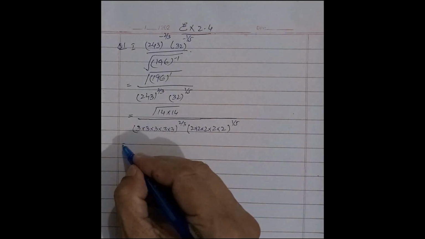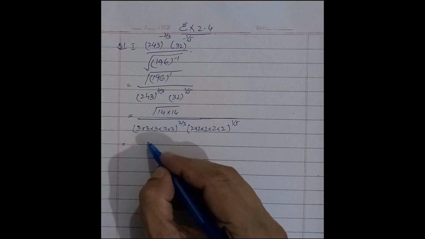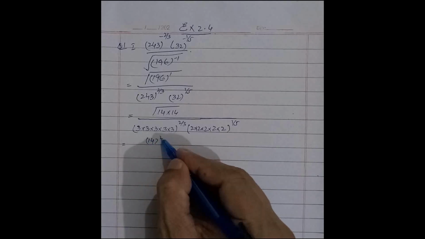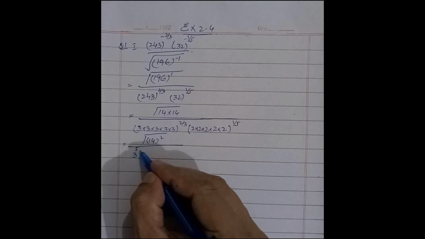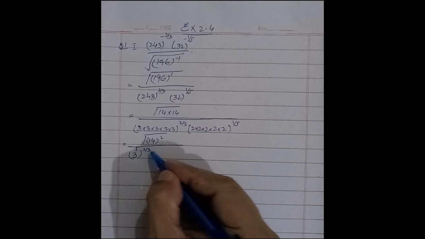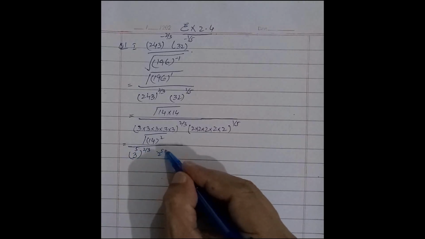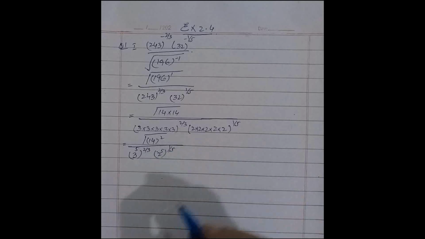Now we simplify it: 14 square, square root over 3's power 5 whole power 2 over 3, and 2's power 5 whole power 1 over 5.